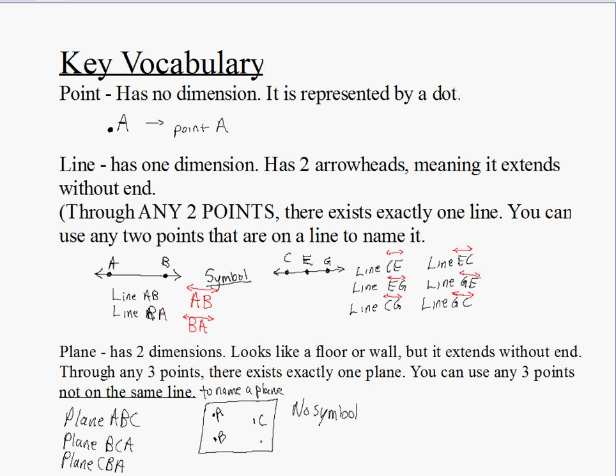Let's pick the letter V. If you'll notice, letter V does not have a point next to it, so this plane could also be called plane V. But as you notice right here, plane has no symbol. So unfortunately, you're stuck with writing the word plane and your 3 points, or writing the word plane and the letter that is identifying that plane. Next.